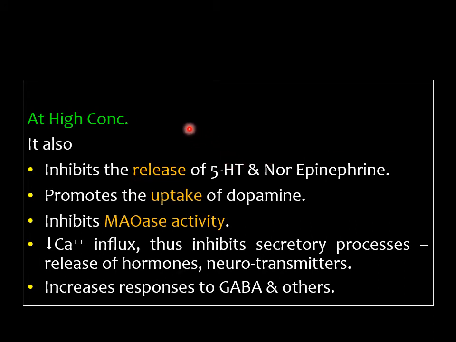When the concentration of phenytoin is very high, it can also inhibit the release of serotonin and norepinephrine, or promote the uptake of dopamine, or inhibit monoamine oxidase enzyme activity, or there may be decreased calcium influx. Thus, there may be an inhibitory effect on secretory processes, especially release of hormones or some neurotransmitters. Or there may be increased responsiveness to GABA and other effects also. There may be increased activity of GABA and other inhibitory neurons.